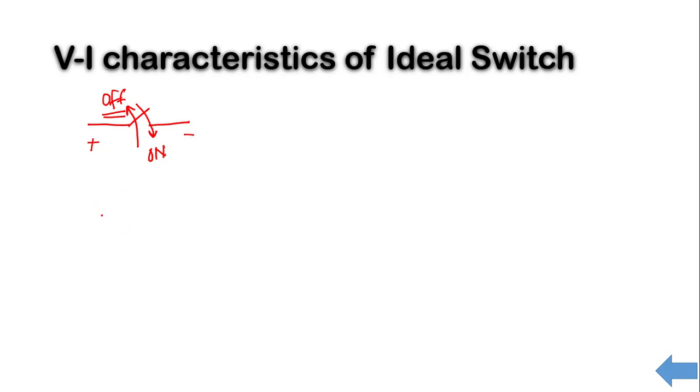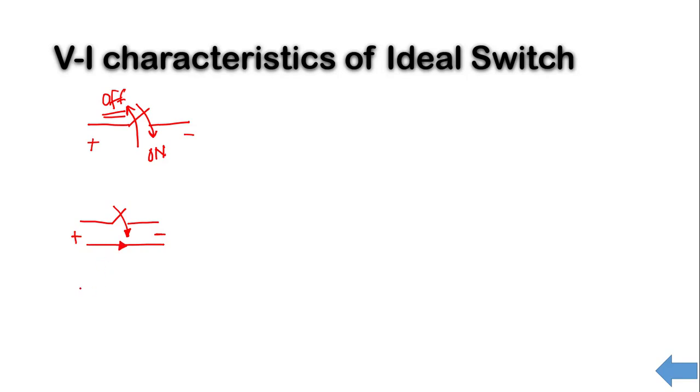When the switch is open, whatever voltage is coming over here, it is blocking this voltage. Means no current can flow from this side to this side or this side to this side. So you could say that it is blocking the voltage, and once you have pressed it and turned it on, it will conduct and the current will flow in this direction.